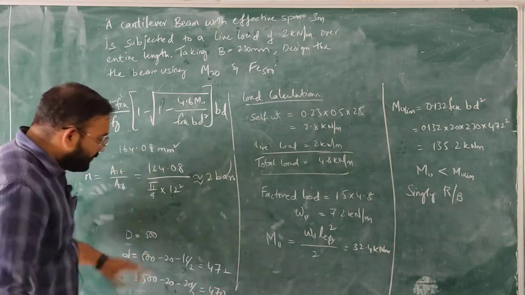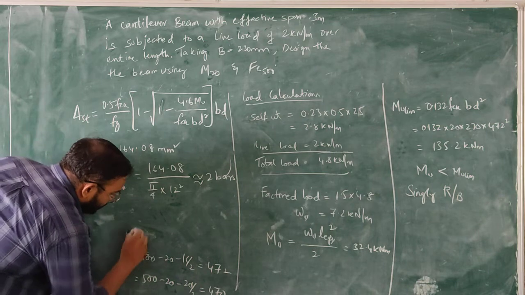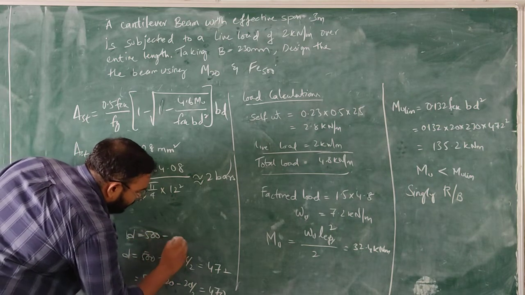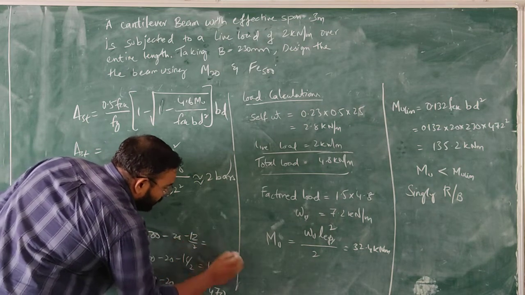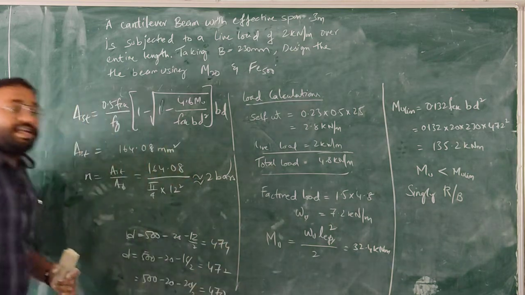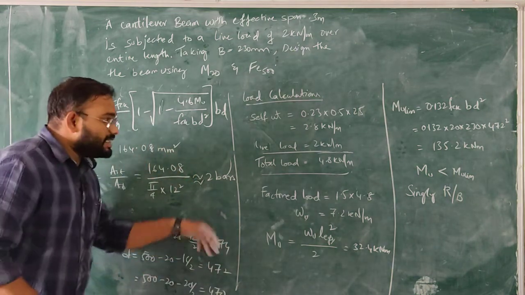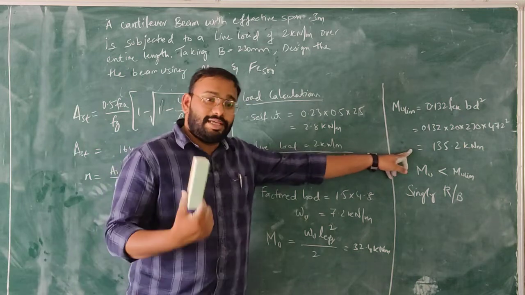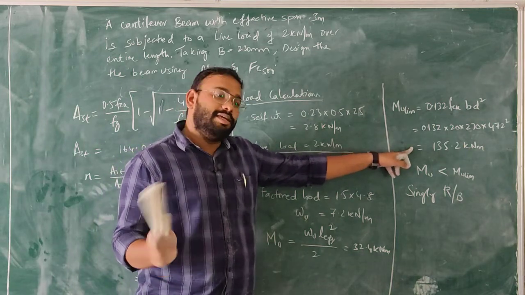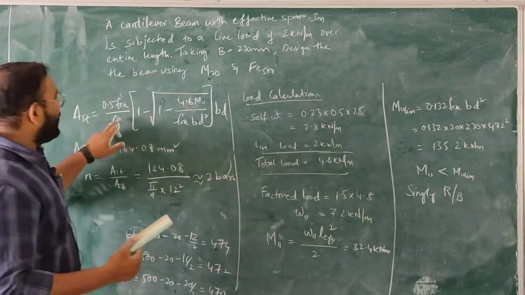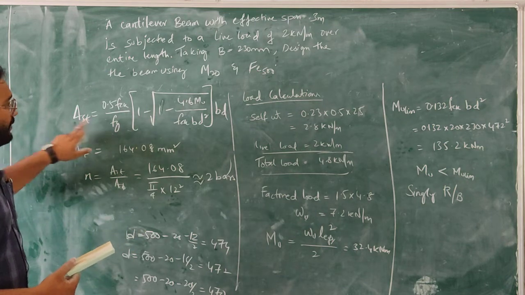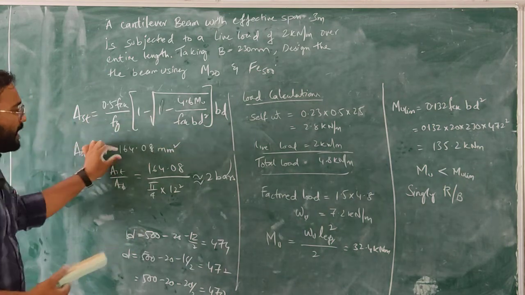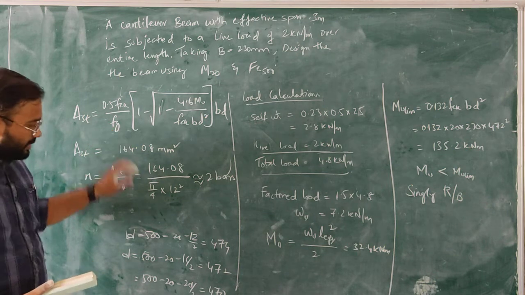If I am assuming 500 minus 20 minus 12 by 2, this will give me 474. If depth is increasing, the capacity is increased, right? If depth is increasing, Ast will be slightly reduced.